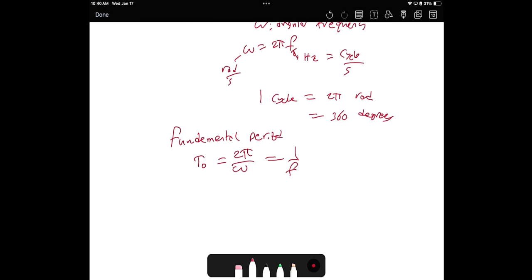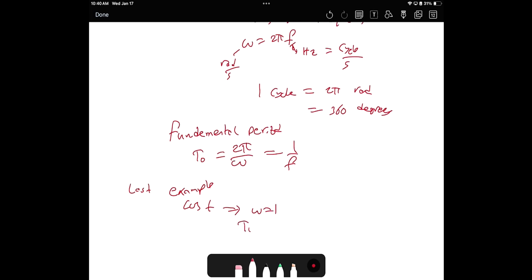In the last example we have cosine t, so omega equals 1. Therefore, T0 equals 2 pi over 1, which equals 2 pi. That's why in the last example we assumed T0 as 2 pi, or 360 degrees. Okay?